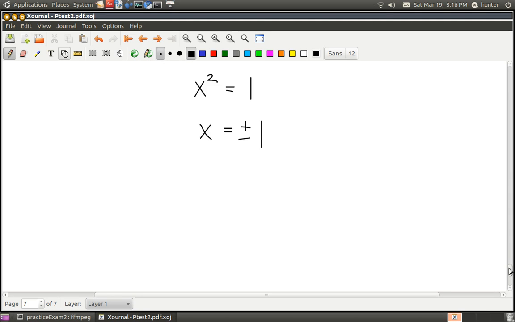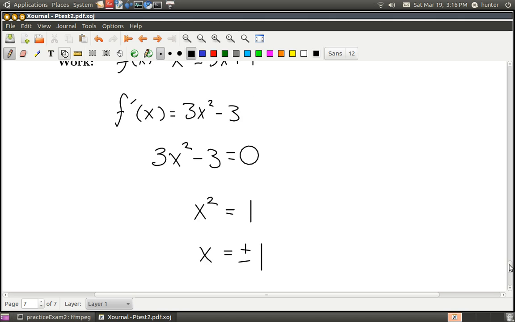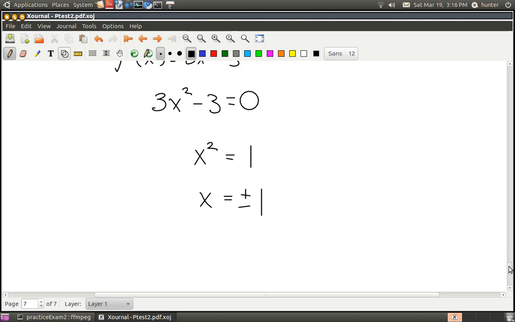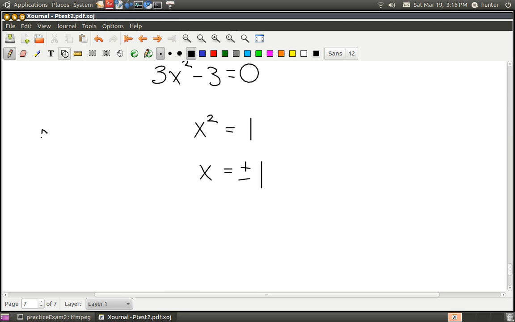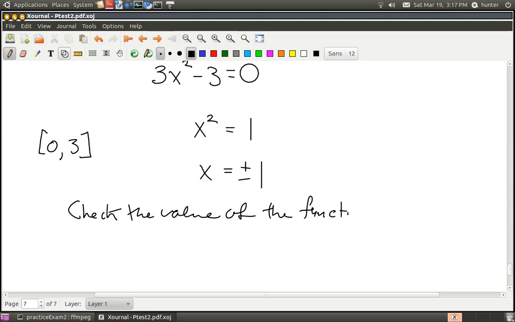You're just going to be doing this purely with symbols, but it's very easy, because we're looking at the interval from 0 to 3. So all I have to do now is check the value of the function at endpoints and critical points.